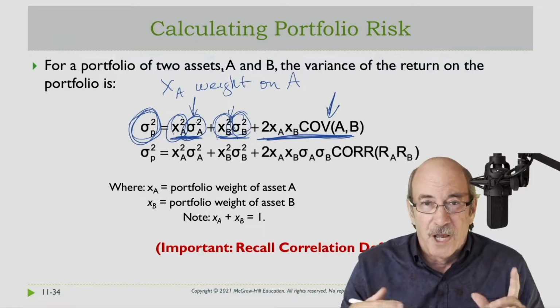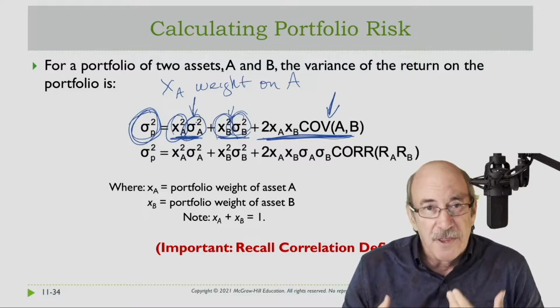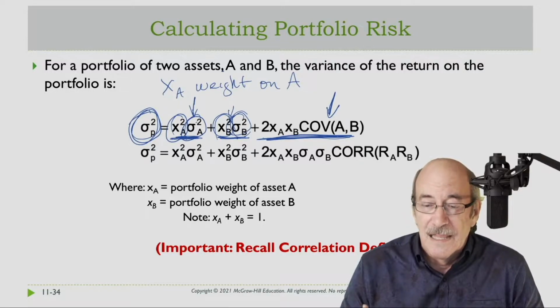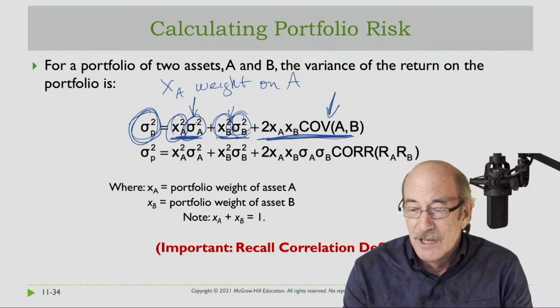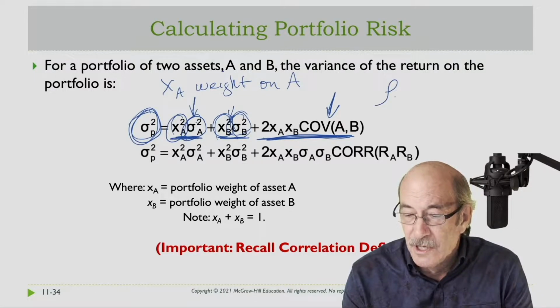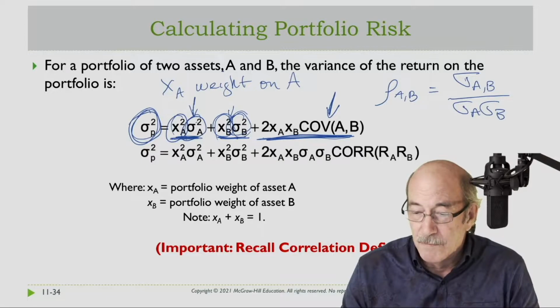And in fact, what I would argue is that rather than look at this version of it, let's look at the next line down, which is exactly the same. If you remember, I said correlation of A and B is equal to the covariance between A and B divided by the standard deviation of A and the standard deviation of B, right?